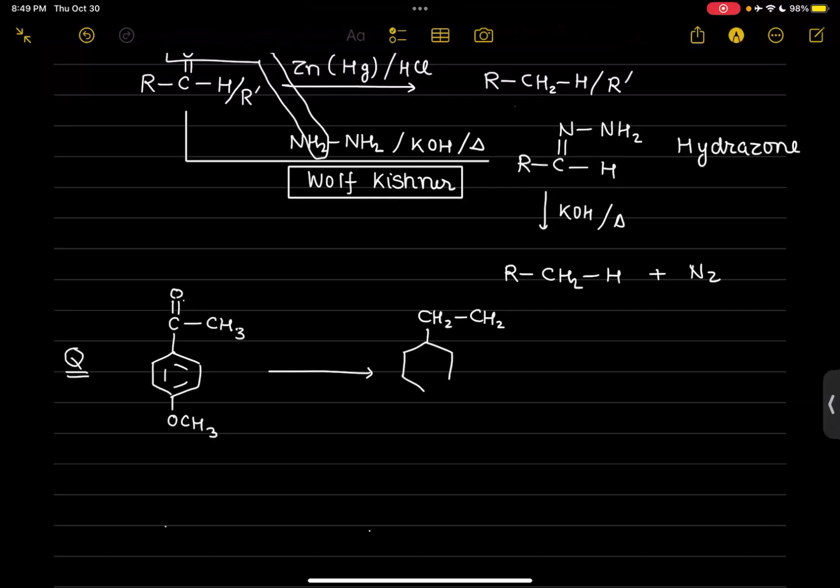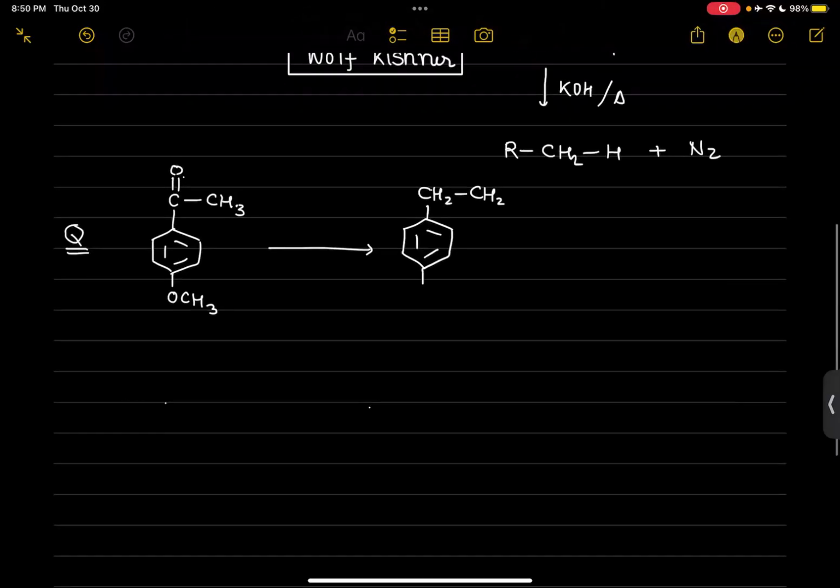Which is the suitable reducing agent? That you need to tell me to carry out this conversion. A lot of questions are being asked in this pattern. I hope you understood the question.